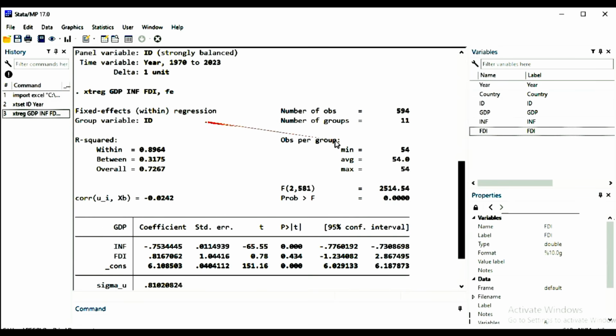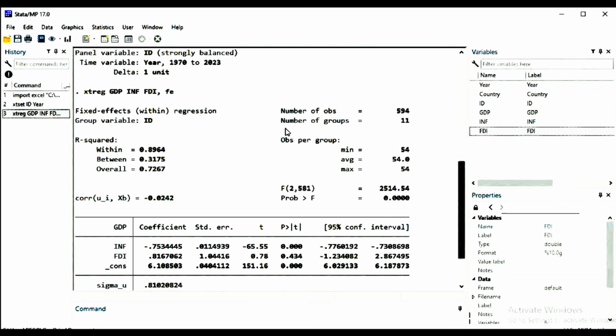That means we have estimated the model using within transformation by removing all time invariant country fixed effects. In other words, our estimation focuses on how changes in inflation and FDI, that is foreign direct investment, within each country over time affect GDP.